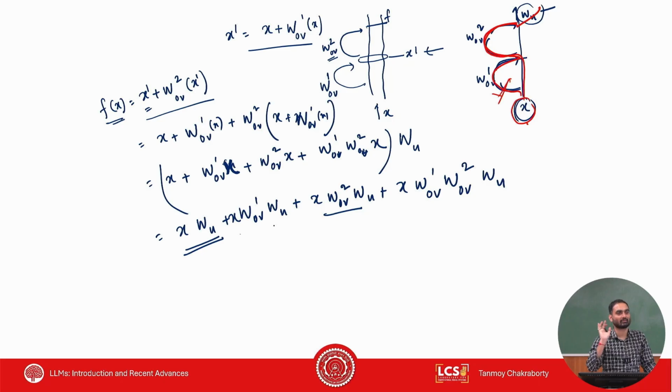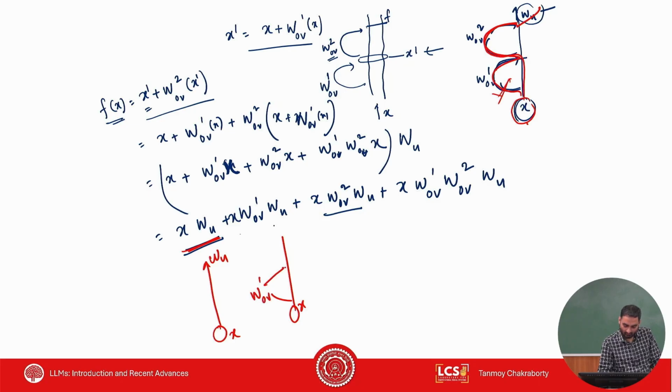There are basically 4 effective circuits that you can think of. For the first one, the circuit would look like this: X, WU. For the second, X, WOV1, then WU. For the third, X, WOV2, WU.